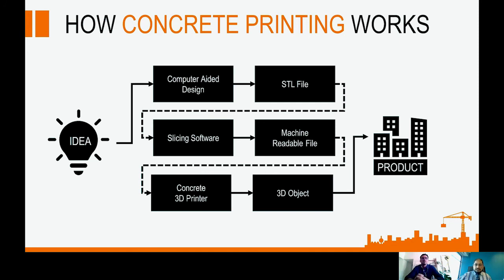Then you have slicing software which breaks this component up into layers that you physically want to print. That generates the machine readable file, in our case G code. It's the same language that CNC machines use. This is fed into the 3D concrete printer, which has your firmware that interprets it, and then your 3D concrete printed object is produced.